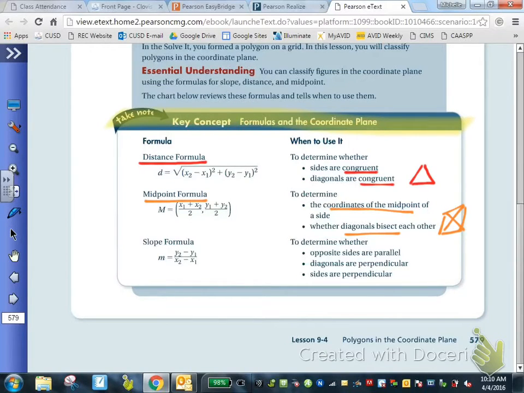Okay. The last one that we are going to use that is going to come in very handy is the slope formula. Karina, when would I use the slope formula? Parallel. What else? To check if something's perpendicular or if sides are perpendicular. So, parallel lines have what type of slope? The same. So if I ask you to prove that this is a parallelogram, what could you do?